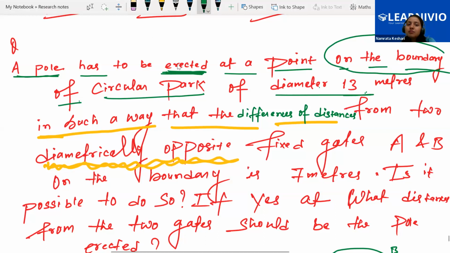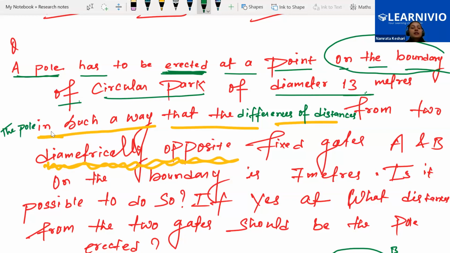There is a pole which is erected at a point on the boundary of a circular park. The park is having diameter 13 meter. The pole word is not mentioned here, but we must understand that in such a way means the pole is erected.